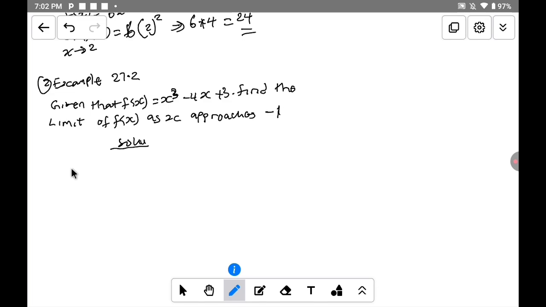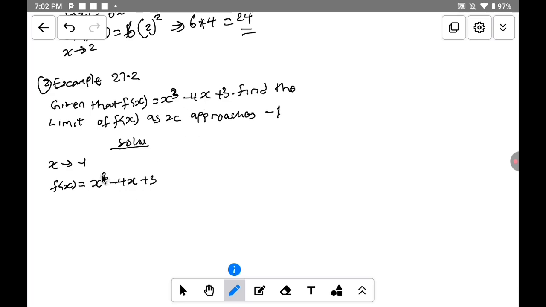In this place, we say that s approaches what? The limit of f of s as s approaches minus 1. That means s tends to minus 1, so s is equal to minus 1. Let's write the function: f of s is equal to s raised to the power of 3 minus 4s plus 3, according to the given question.